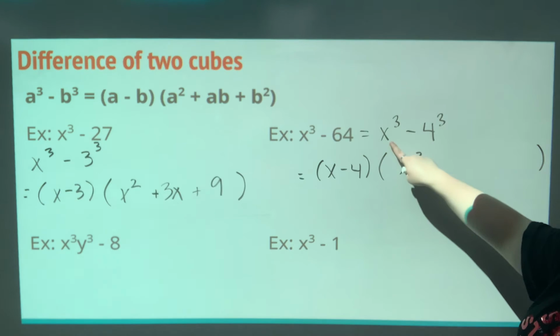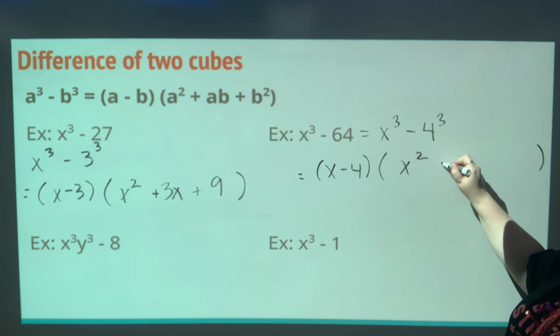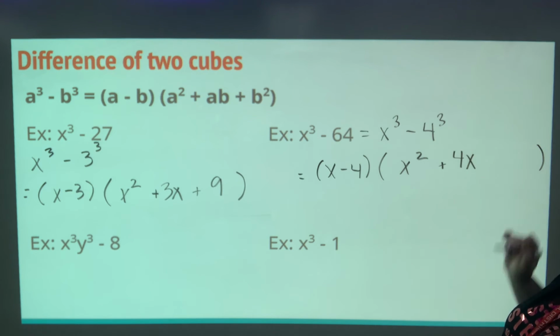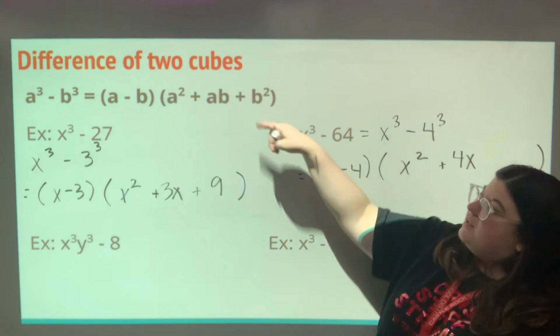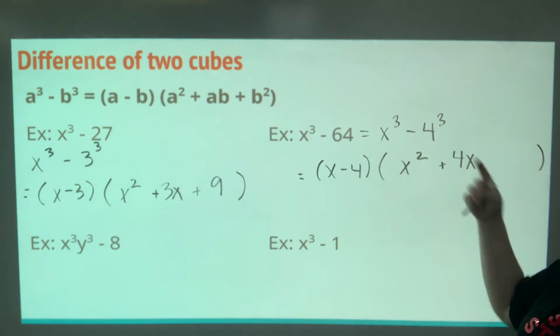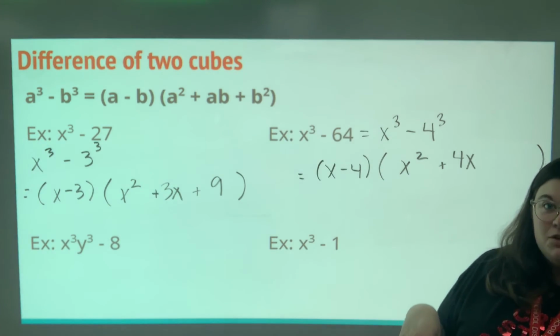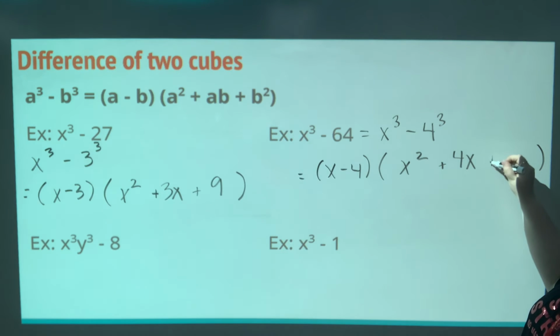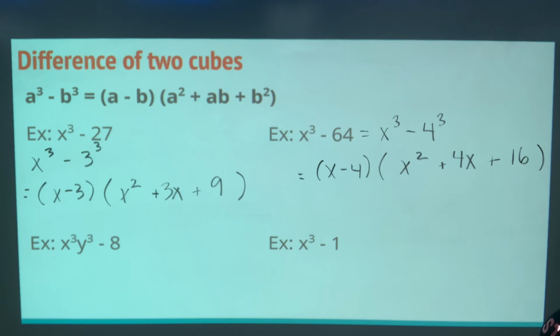So we got x and we got 4, so plus 4x. And then that last thing, which in this case is our 4, the last thing that's being cubed. 4, we're going to square it and add it to the end. 4 squared is 16, all right?